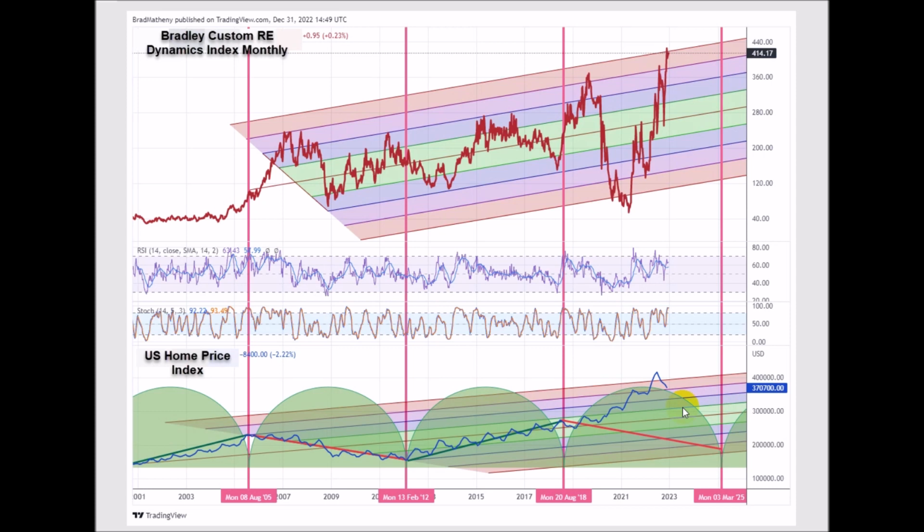And if we get into a deeper price decline for moderate or median house prices in the U.S., we could be back into the 270, 260 area. And that would mean that, really, when you consider that we were up here in the 425 area, that's looking more like a 35, 40% median house price decline in the U.S. overall.